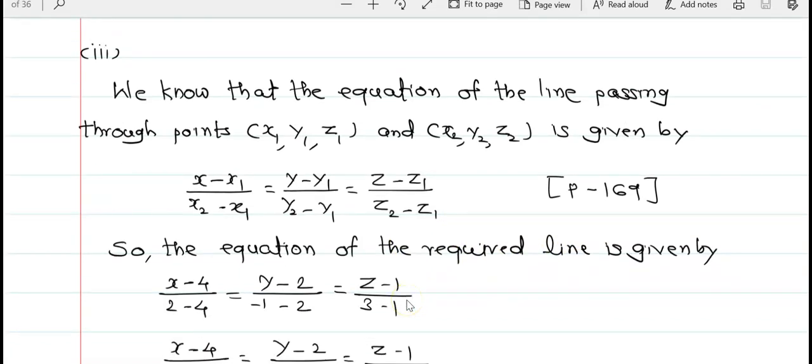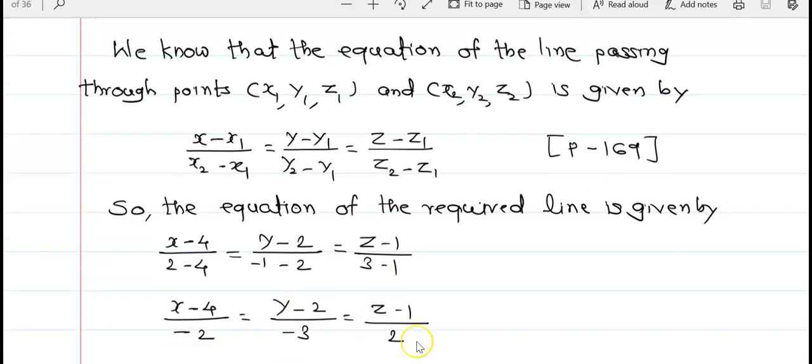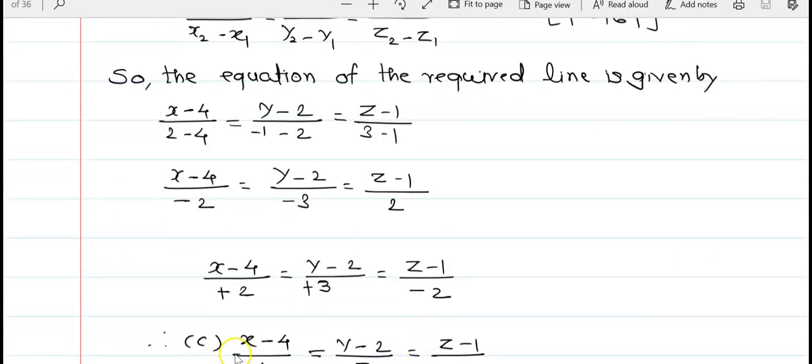Substitute the values and you will get the equation of the required line: (x minus 4) upon (2 minus 4), (y minus 2) upon (minus 1 minus 2) is equal to (z minus 1) upon (3 minus 1). That is (x minus 4) upon minus 2, (y minus 2) upon minus 3, (z minus 1) upon 2, and the equation is (x minus 4) upon 2, (y minus 2) upon 3, (z minus 1) upon minus 2.